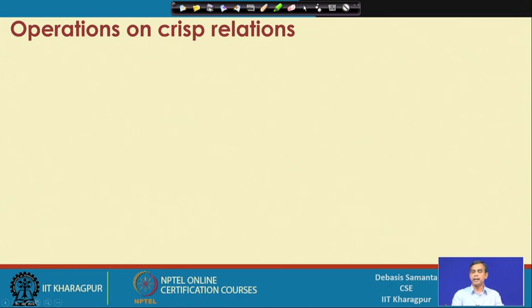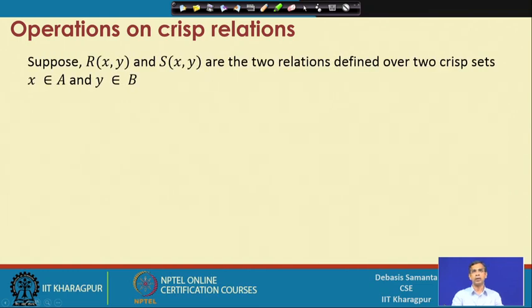Now, operations on crisp relations. So, these are the relations; if they are available to us, we can apply different operations on them. Suppose R and S are two relations defined over x and y, where x is an element belonging to the universe of discourse X, and y is an element belonging to the universe of discourse Y. So, R(x, y) can be obtained as a relation matrix.